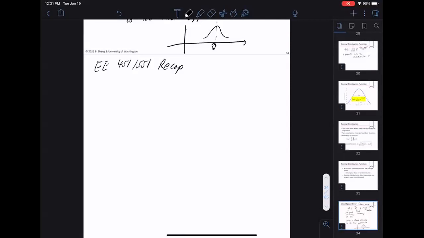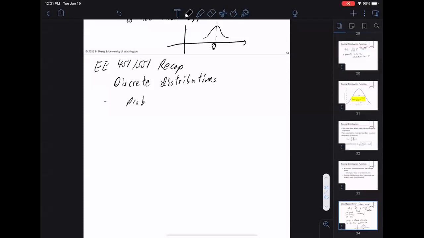Right, so last time we talked about probability or random variables. And we said there's two kinds of random variables. The first one we covered is the discrete. So for discrete distributions, we have two vectors, right?